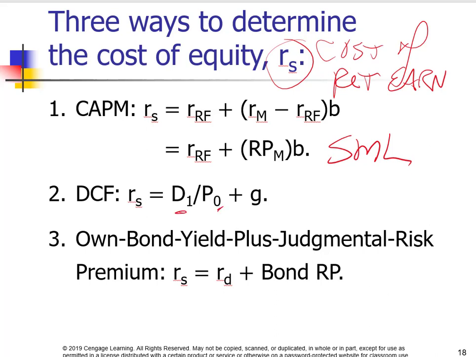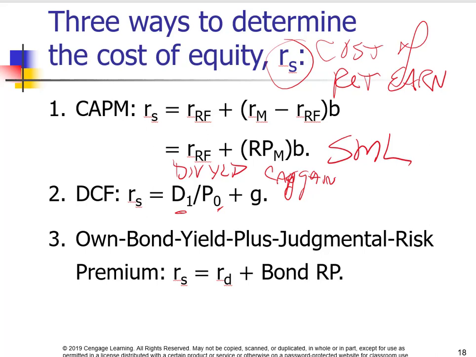That gives us the value, divide that by the current stock price. This is dividend yield. Add that to the capital gains, or the growth rate of dividends. That will give us an estimate of the cost of equity.